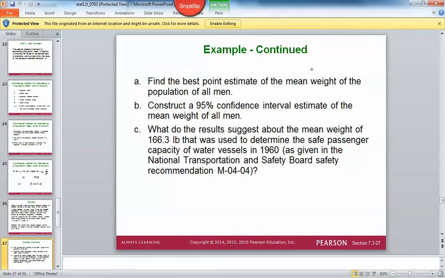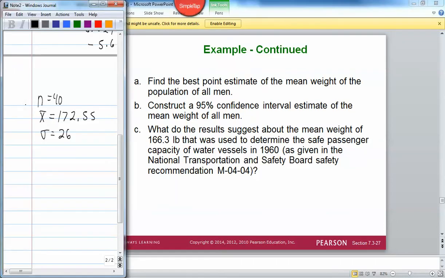Find the best estimate of the mean weight of the population of all men. Construct a 95% confidence interval estimate. And what do the results suggest about the mean weight of 166.3 pounds that was used to determine the safe passenger capacity of water vessels in 1960?